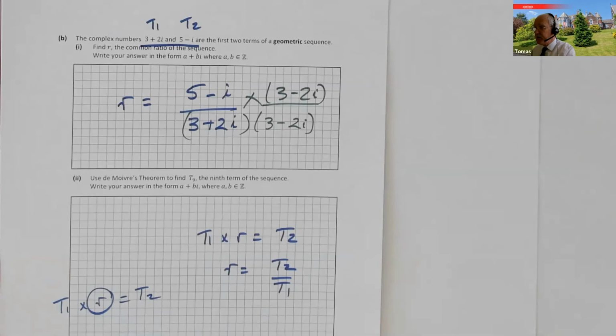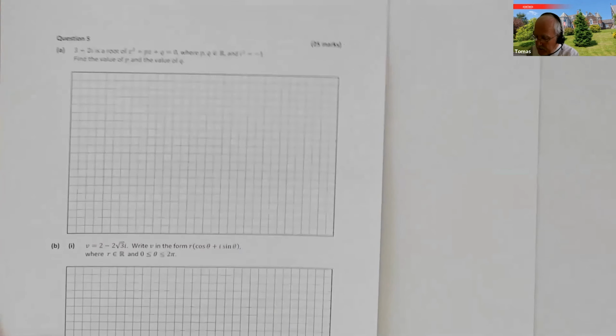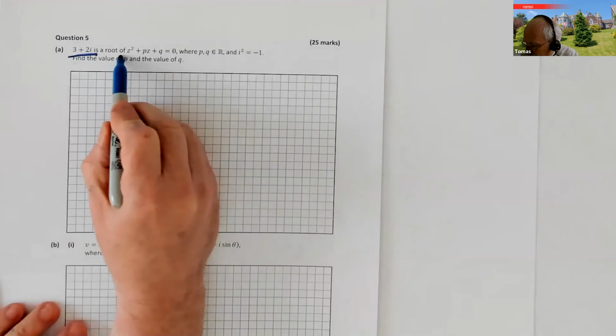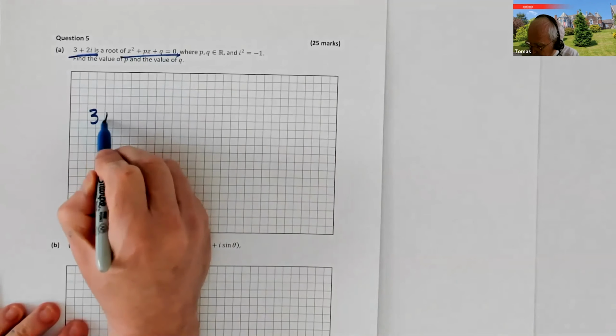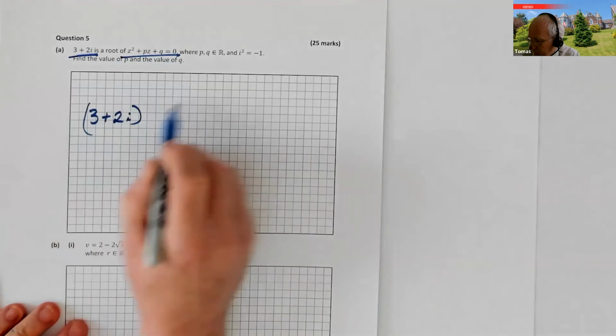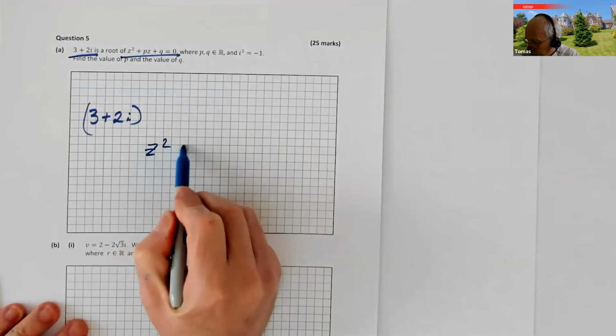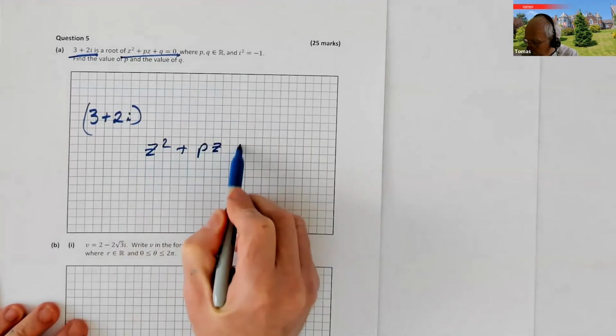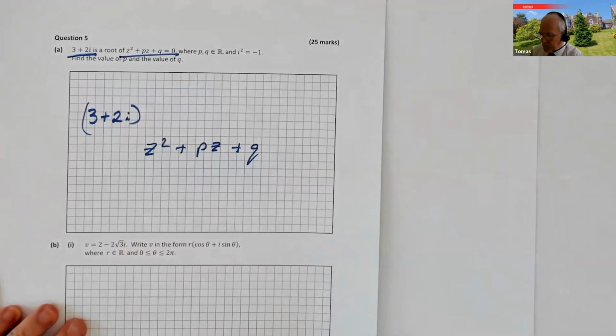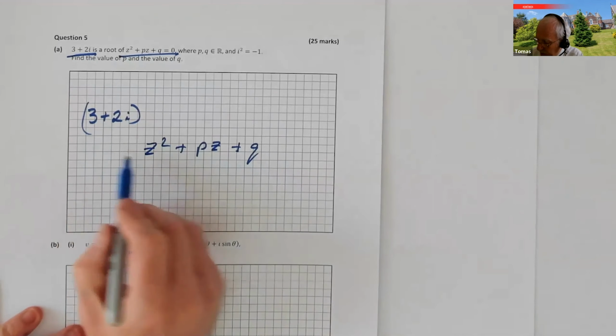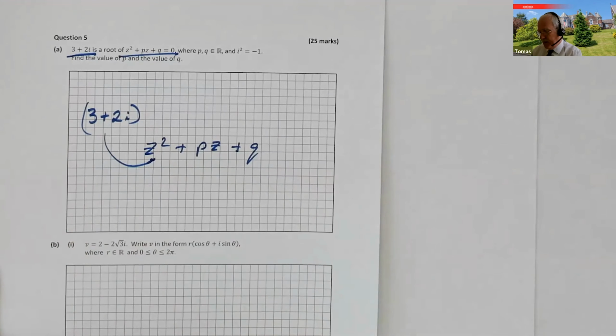So that's that question. And the final question then is, 3 plus 2i is a root of this. Find the value of p and q in z squared plus pz plus q. So if it's a root, you plug in 3 plus 2i into it.